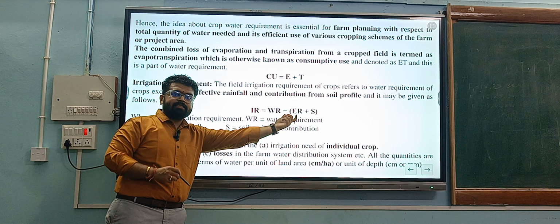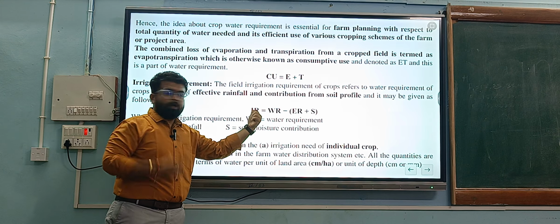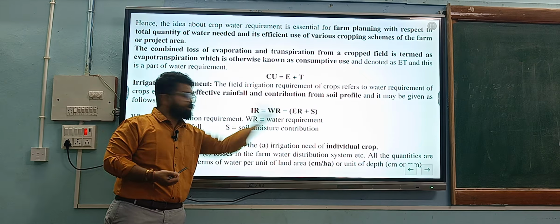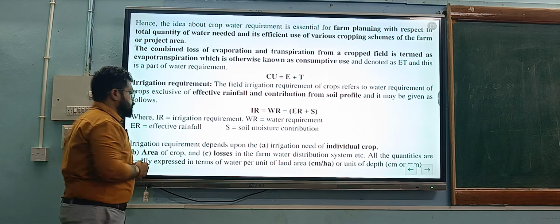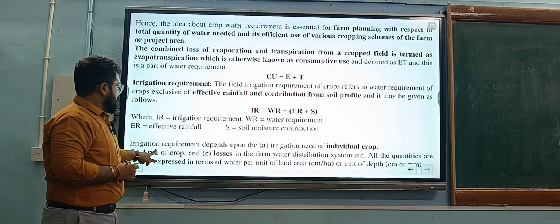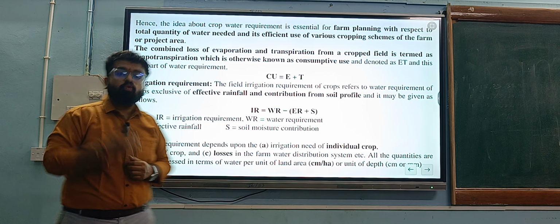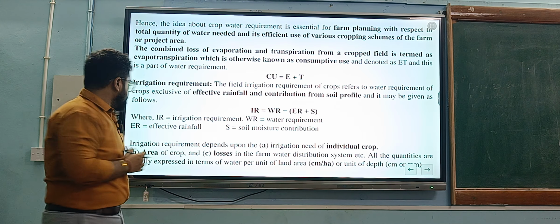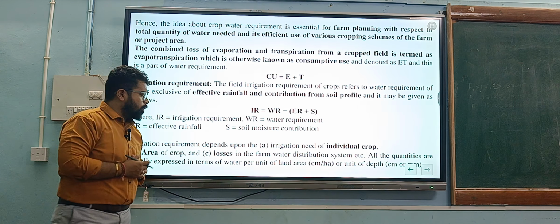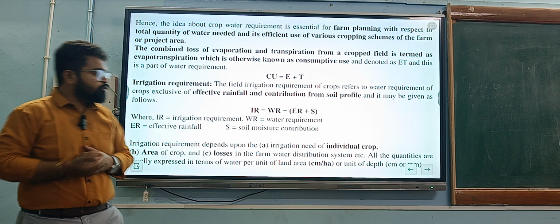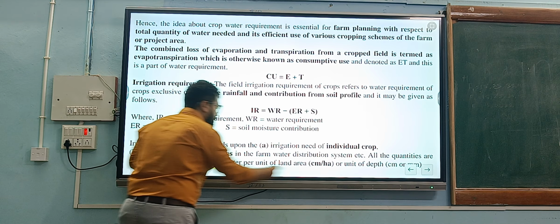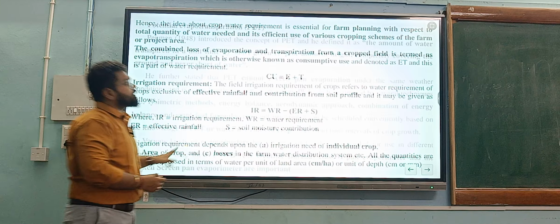Rainfall is given by nature, and when you artificially apply the water, it is water requirement minus effective rainfall and soil contribution. The irrigation requirement depends upon the individual crop, the area of the crop, and losses in the farm water distribution, and all the quantities are usually expressed in hectare-centimeters or centimeters per hectare.